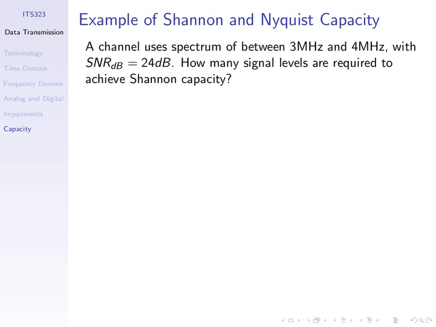In other words, 8 by 10 to the 6 equals 2 by 10 to the 6 log base 2 of m. If we want to achieve this data rate of 8 megabits per second, according to the Nyquist equation, if we have a bandwidth of 1 megahertz, we need m levels of our signal. Solve for m.